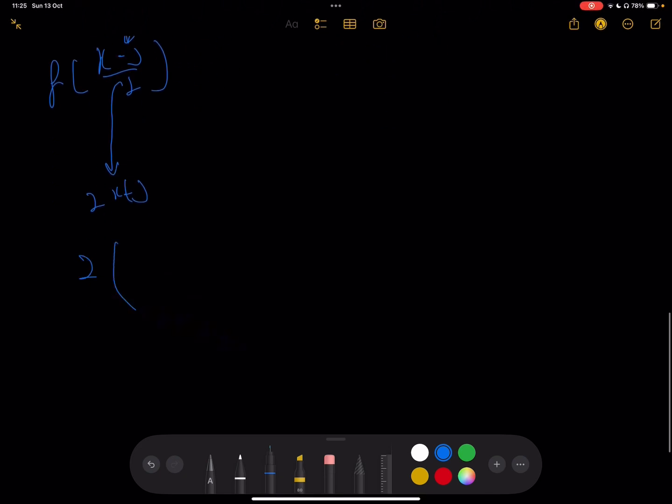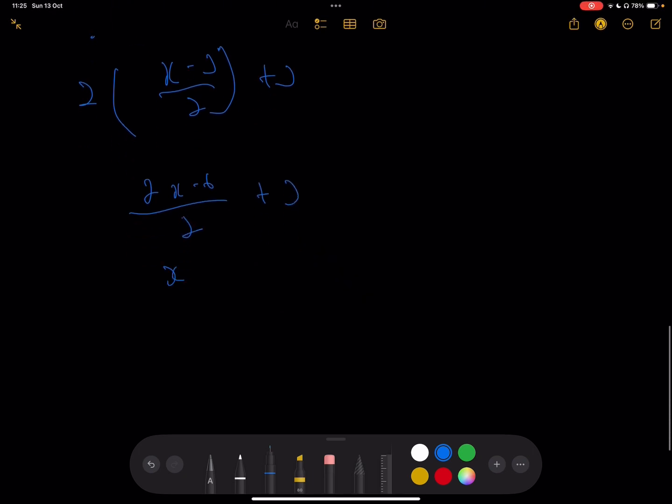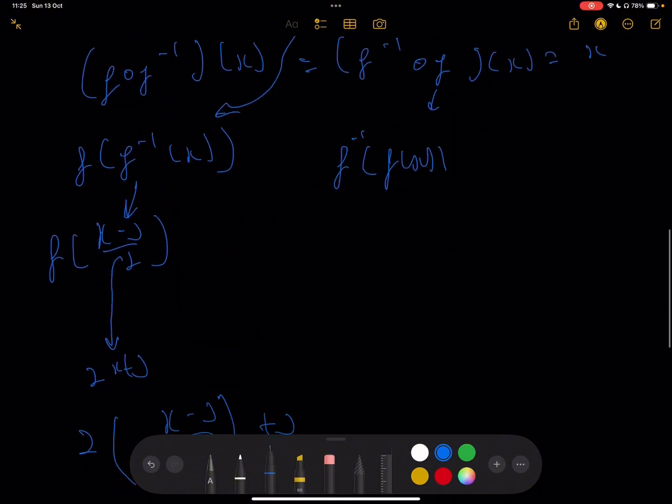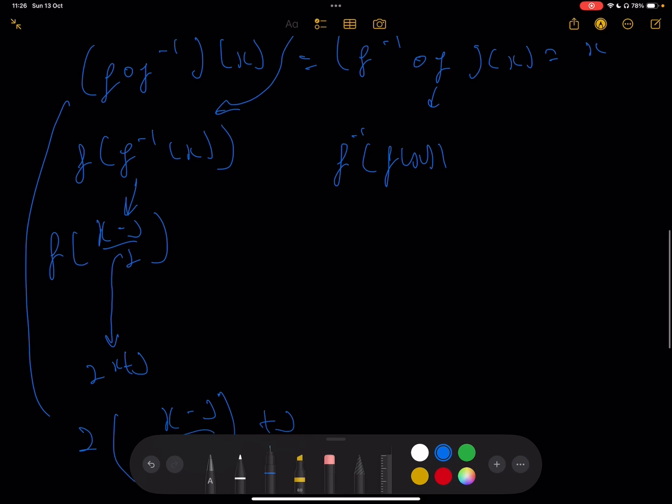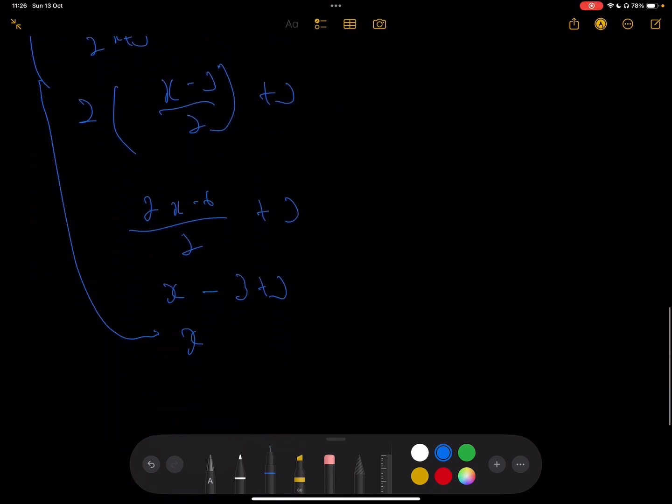So we get 2 multiplied by x minus 3 over 2 plus 3, leaving us with 2x over 2 plus 3. So we get x minus 3 plus 3. Well, minus 3 plus 3 is 0, so we just get x. So we know that this expression is indeed equal to x.